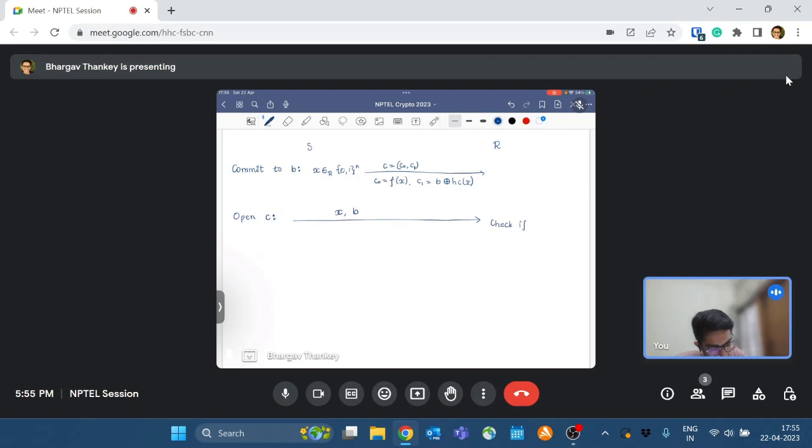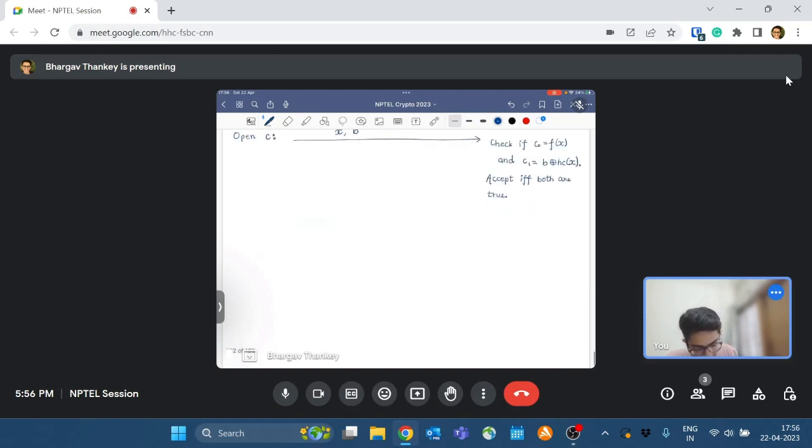It accepts if C0 is equal to f of x and C1 is equal to b XORed with HC of x, if and only if both are true. Okay, so this is the commitment scheme. Now let's prove its hiding and binding properties.